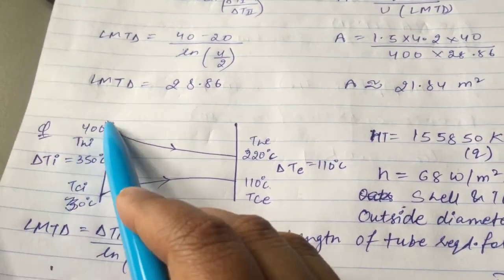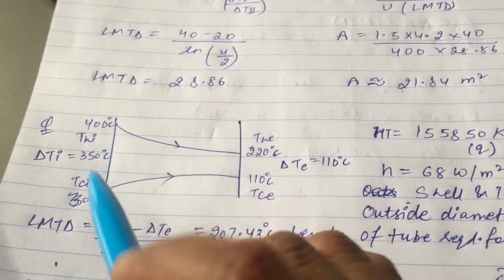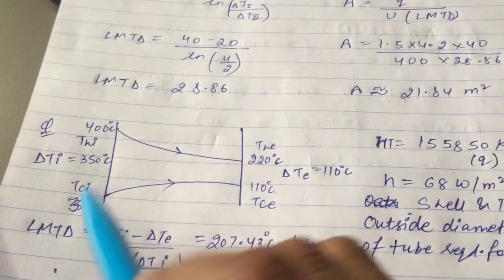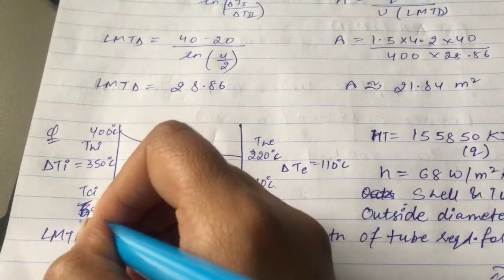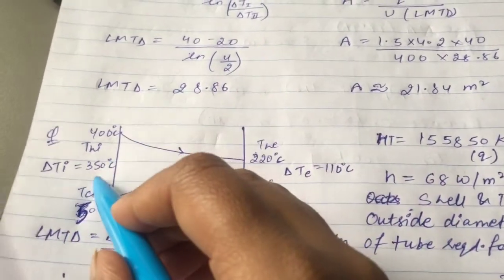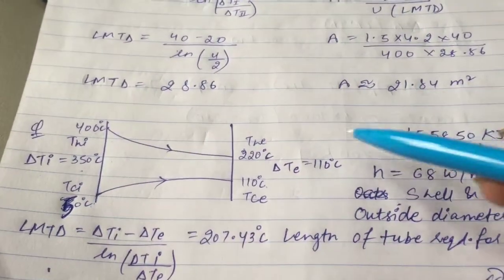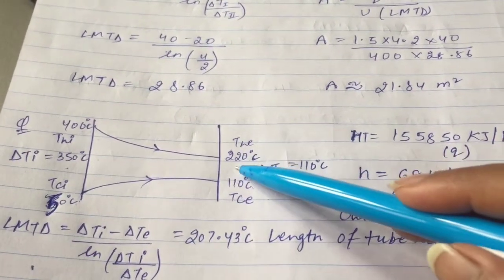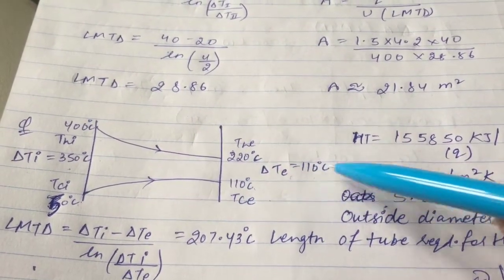So both of these are inlets, so the inlet temperature difference is 400 minus 50, 350 degrees Celsius, and the exit temperature difference is 220 minus 110 degrees Celsius.